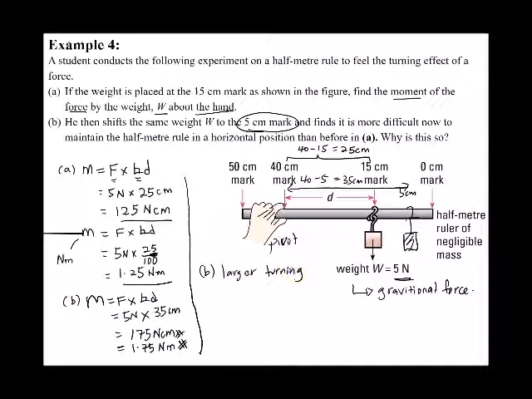And because it results in a larger turning effect, it makes it more difficult for you to hold on to your beam because of the larger turning effect due to the weight and the moment about the pivot. All right. This example is actually in your textbook, so you can go back to your textbook and look at your answers from there.